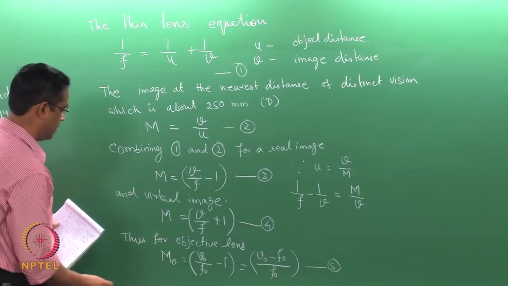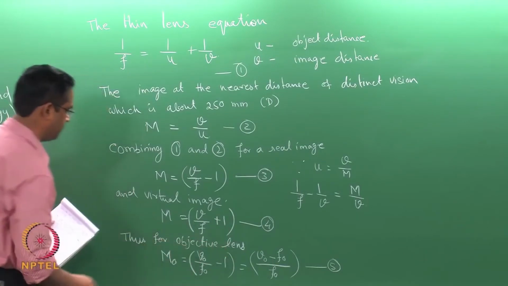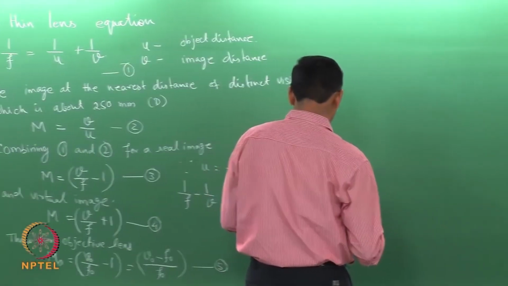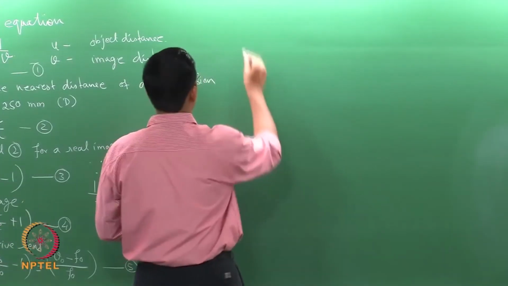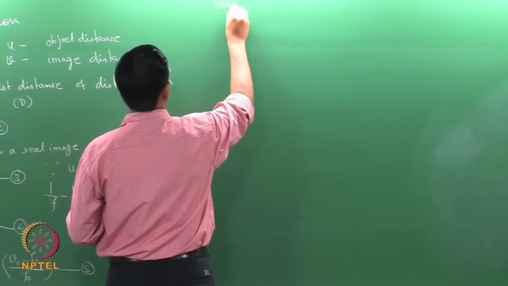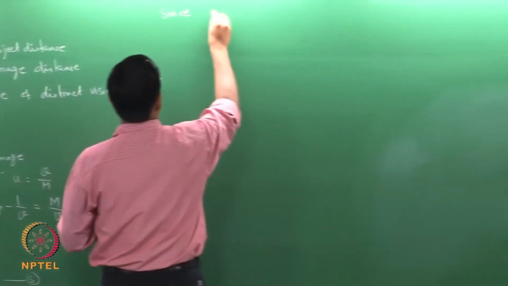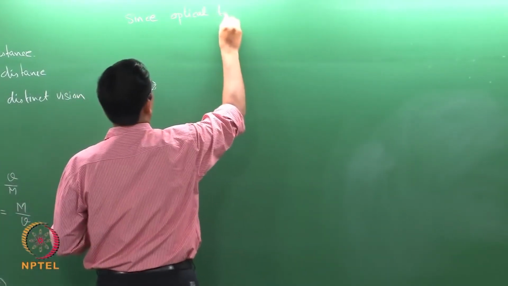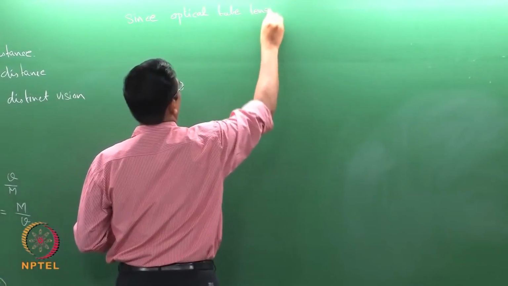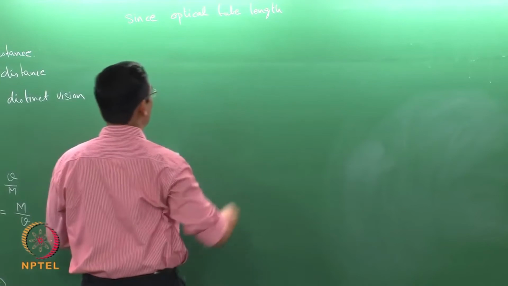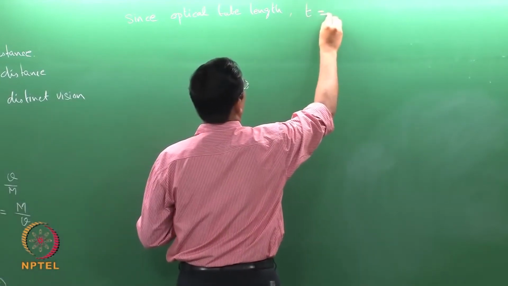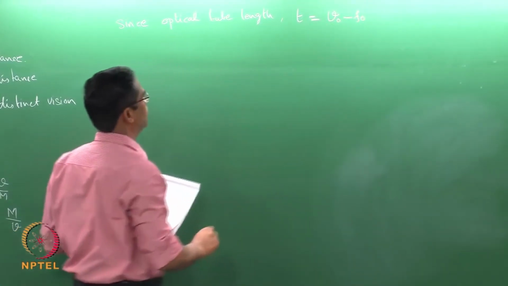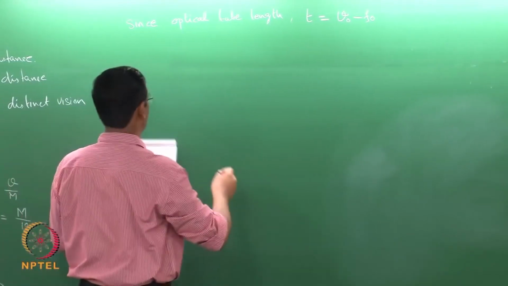The subscript O describes the objective lens. Similarly we can write for the eyepiece, but before that, most microscopes use an optical tube, so the length of the optical tube is also taken into consideration, which is considered T. From the ray diagram we can show that T is equal to v minus f_o.